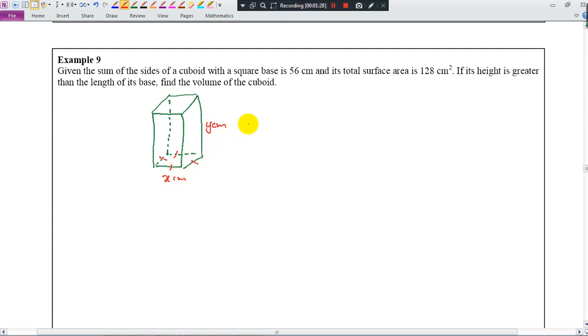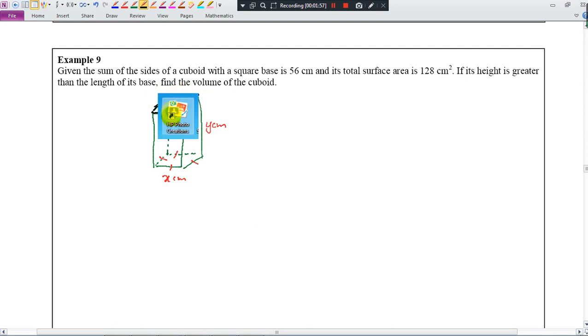Okay, now we try to form the equation. The sum of the sides of the cuboid means that the side lengths here, you have y, y, y, y, and here you have x, x, x, x, and another 4x here. Okay, can I get what I mean? Now you have x, right? Here is x, and another x, and another x.